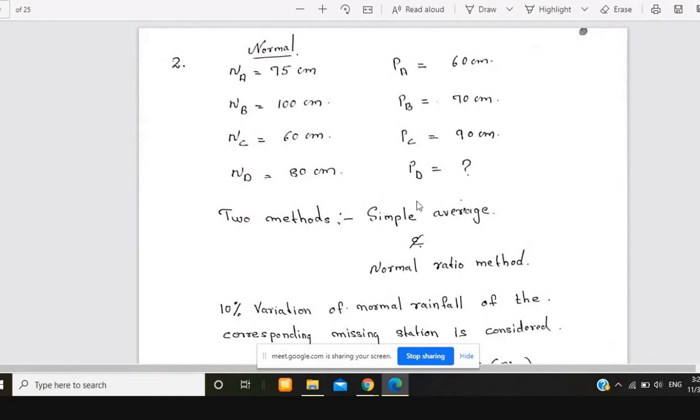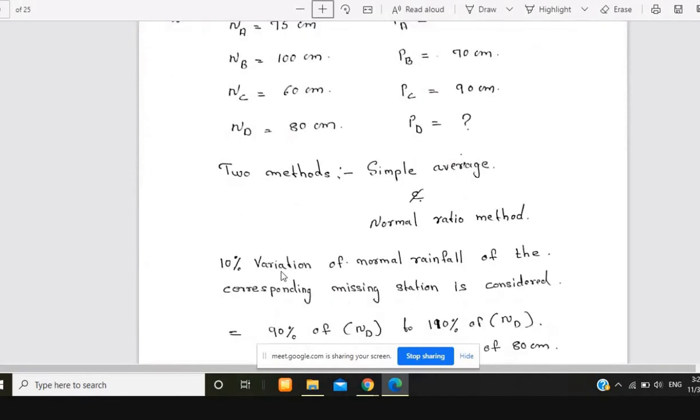For the D station, the data is missing, so the corresponding normal data we will be taking and its 10% variation is considered. Then we will analyze whether all the remaining normal rainfall data is coming within that range of 10% variation. If it is coming within that 10% variation, we will be taking the simple average method, but if it is more, we will be taking the normal ratio method.